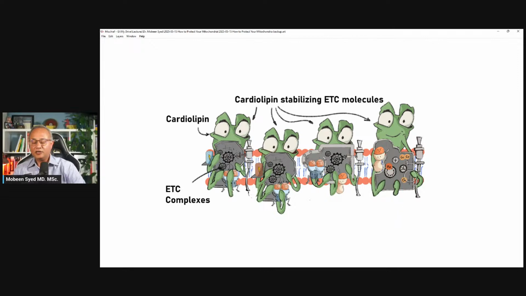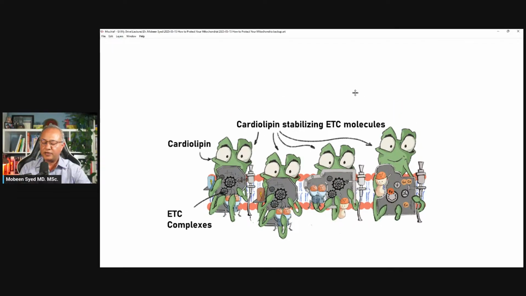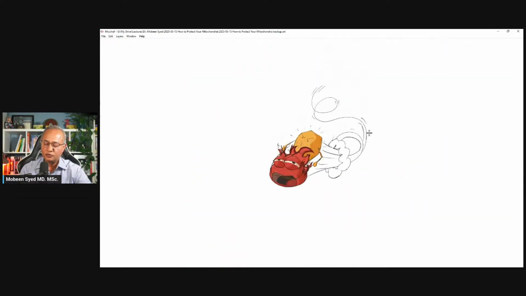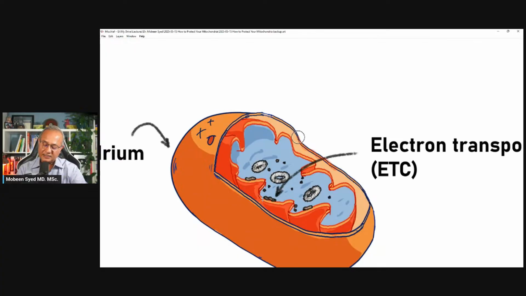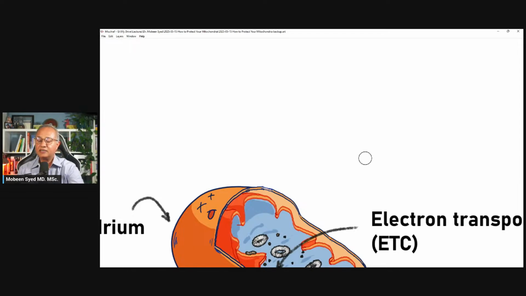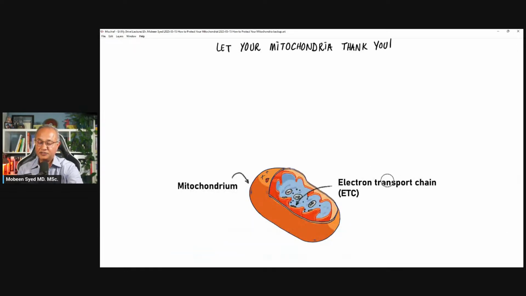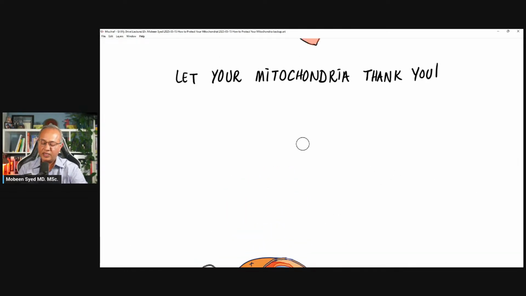Now, what are cardiolipins? These green molecules in our membranes. So if I go back for a second to the membrane here, we are specifically talking about the membrane here. Our membranes are called phospholipid bilayers. What that means is that we have a phosphate molecule. With that phosphate molecule, two lipid molecules are attached.